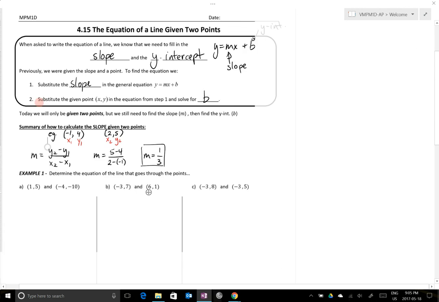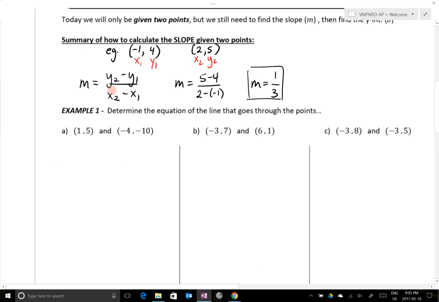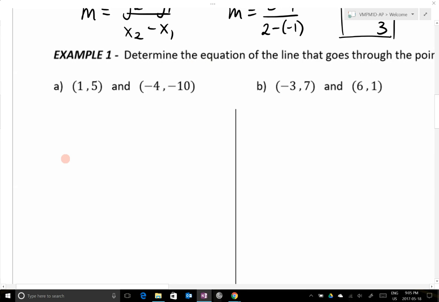So now let's expand that. Let's look at an example where I'm giving you 2 points, and I'm asking you not to determine just the slope, but the entire equation of the line. So 1 and 5 and -4 and -10. 1 and 5 is going to represent my x1, y1, and -4 and -10 is going to represent my x2 and y2.